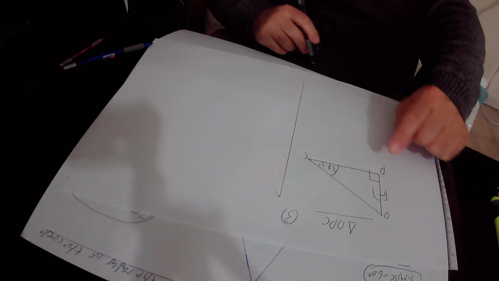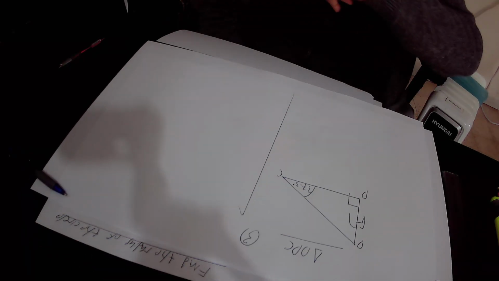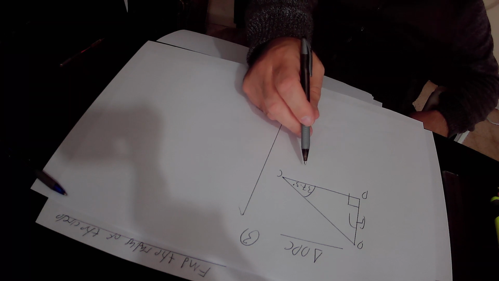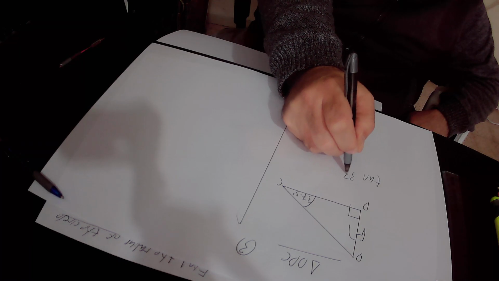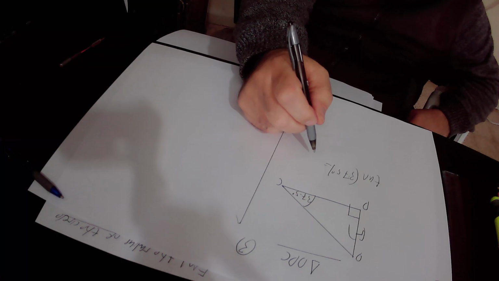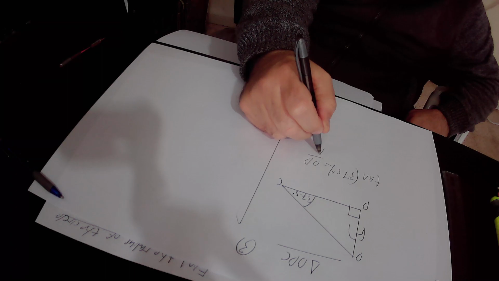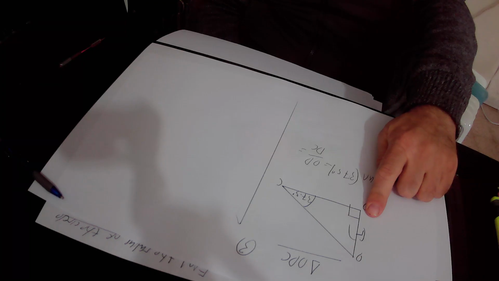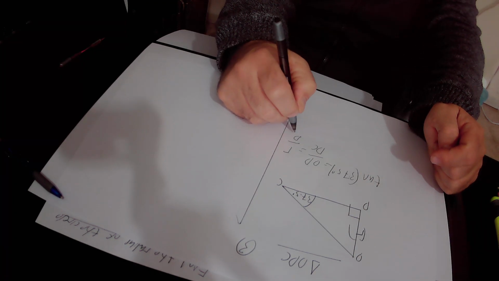So this is the right triangle ODC that I copied from the original drawing. In this right triangle ODC, tangent 37.5 degrees equals OD over DC. OD is the radius of the circle, therefore it equals R over DC.